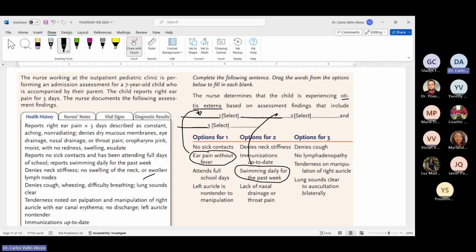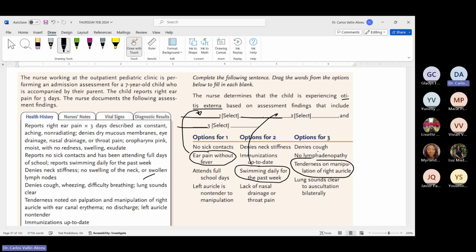And here: denies cough, no lymphadenopathy, which is a lymph node, tenderness on manipulation of right auricle, lung sounds clear to auscultation bilaterally. So the other thing that supports otitis externa is pain when we pull or manipulate the auricle of the affected side.